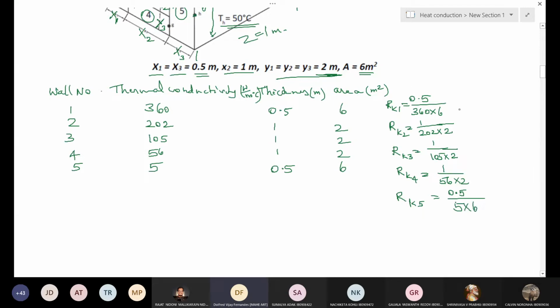If you know all these resistances, now what you have to do is simplify the circuit.